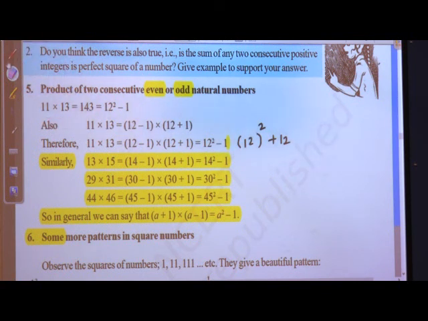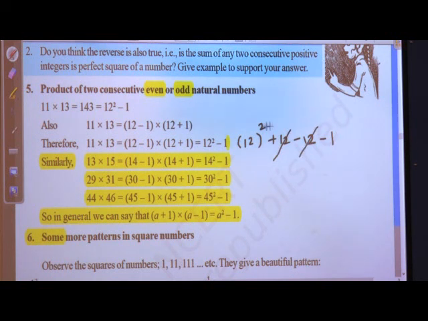I will just write it once again. It is minus 12, and after that minus 1 into plus 1 is what? Minus into plus is minus, 1 ones are 1. What happened here? Plus 12 and minus 12 got cancelled.